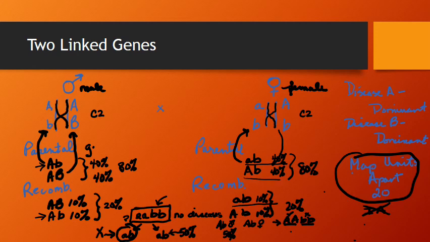And if we look down here, we have the recombinant type of 10%. So there is a 50% chance. So the chance that we are going to get this genotype is going to be 50 times 50, which gives us a 25% chance. So in this case, there will be a 25% chance that we will get this genotype.